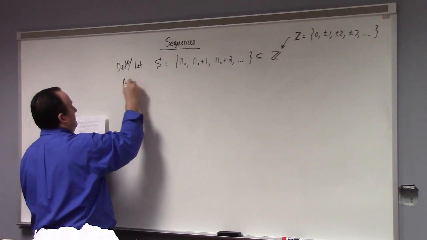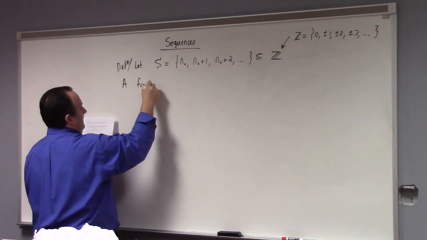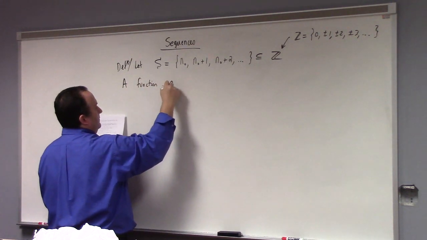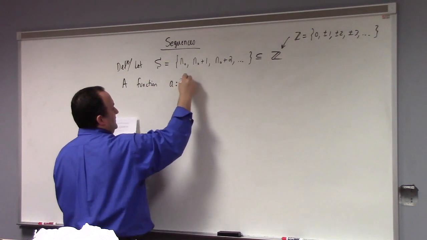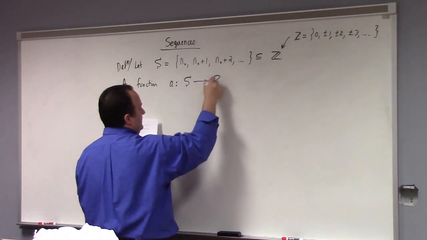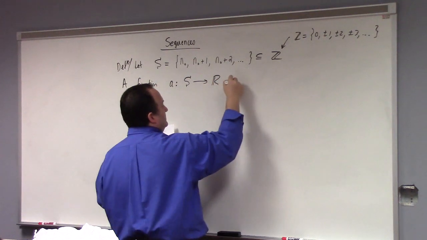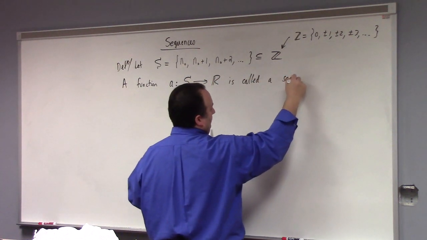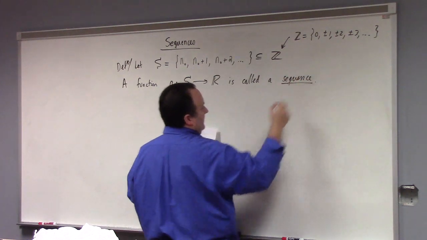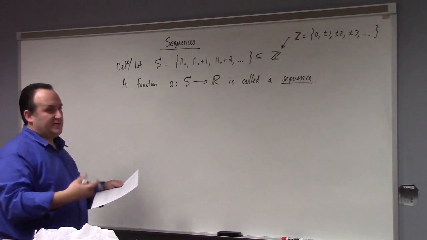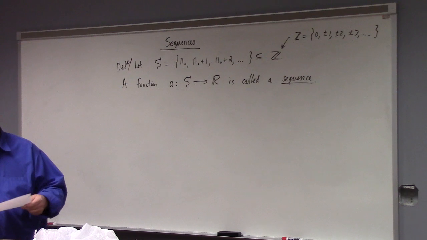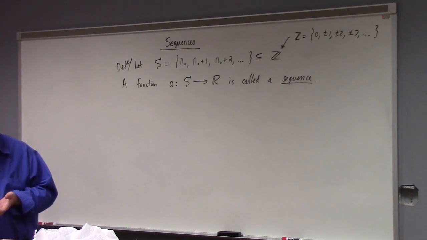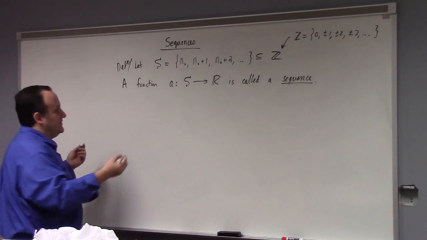Then a function A from S to the reals is called a sequence. More specifically, this is a real sequence. Our notation is this.